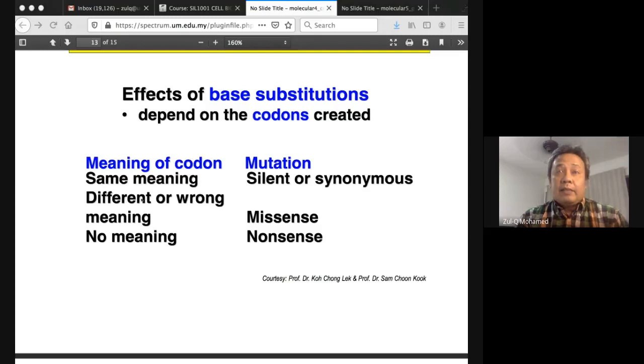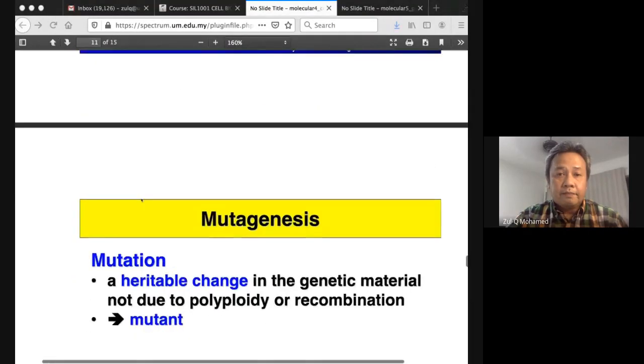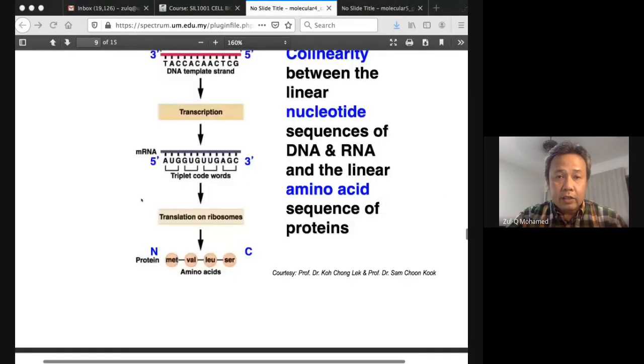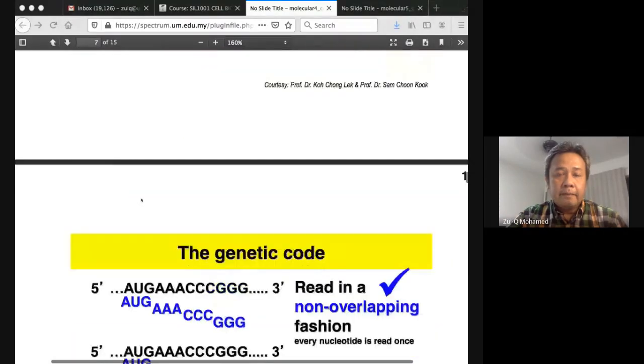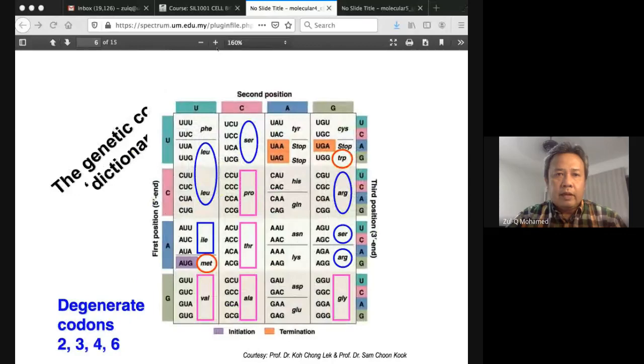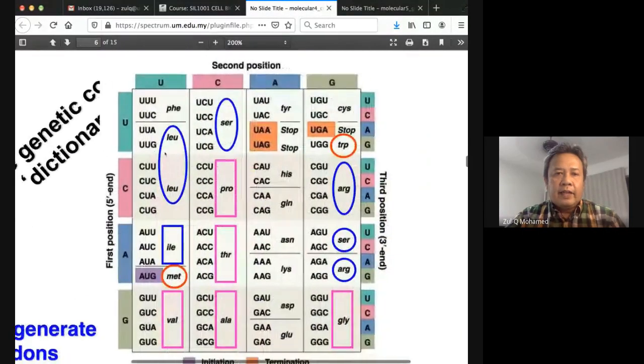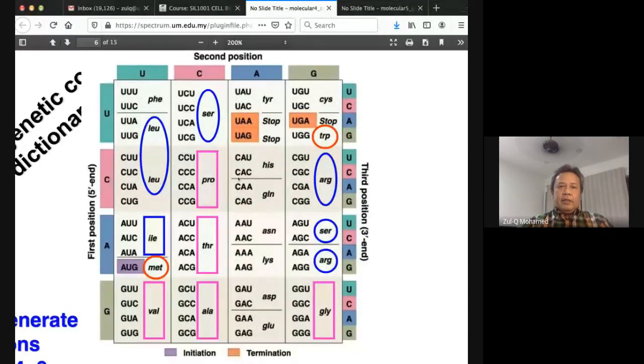Sometimes it changes, right? The way to know this is to refer to the genetic code. If you look at this code, look here. Say, for example, look at this CA. If the U changes to a C, the code is still the same.